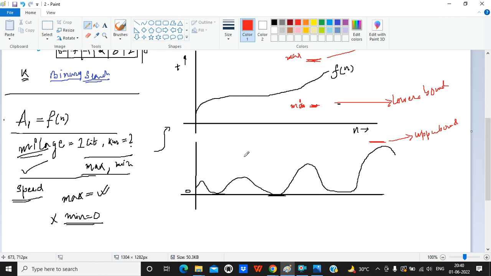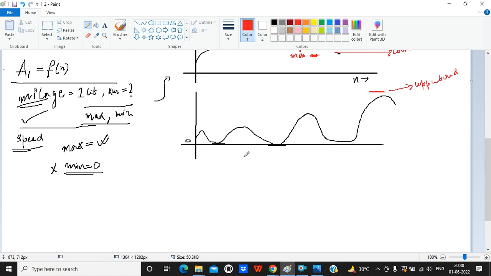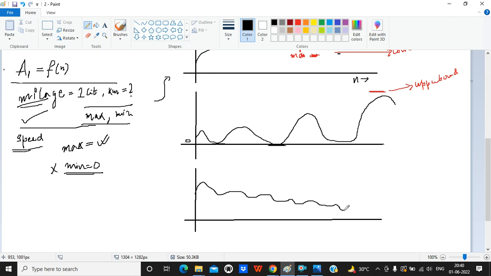And there are some cases where we do not require the upper bound, we just require the lower bound, because in those cases the graph will not show something going to a negative value.